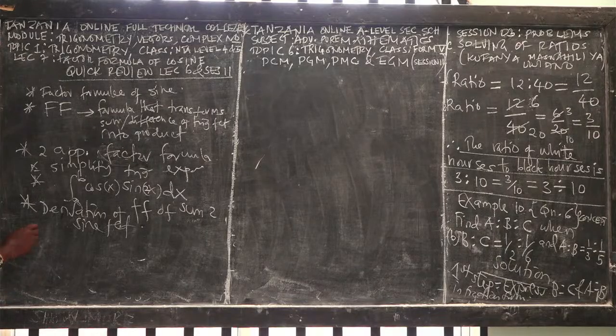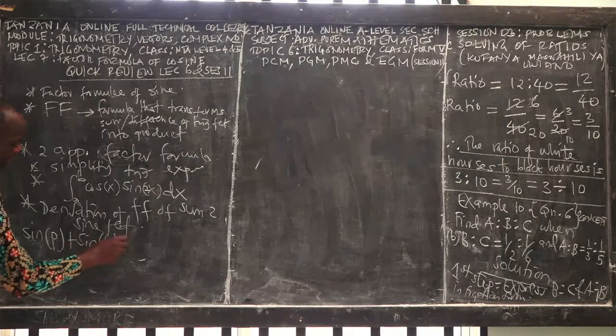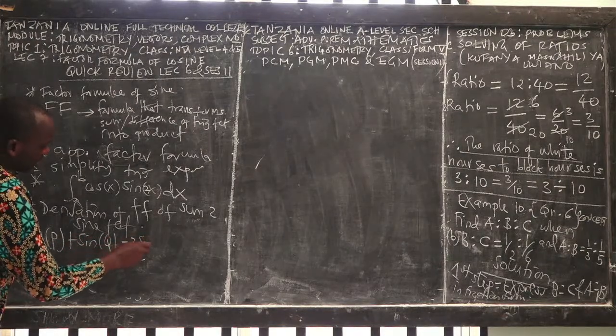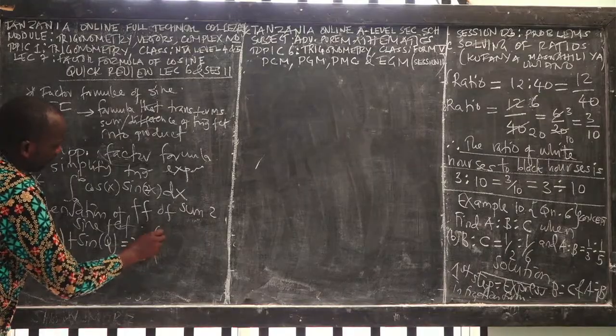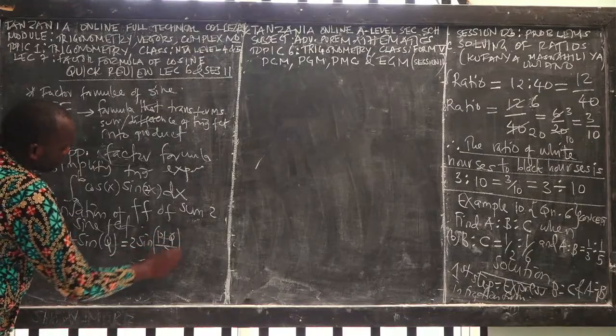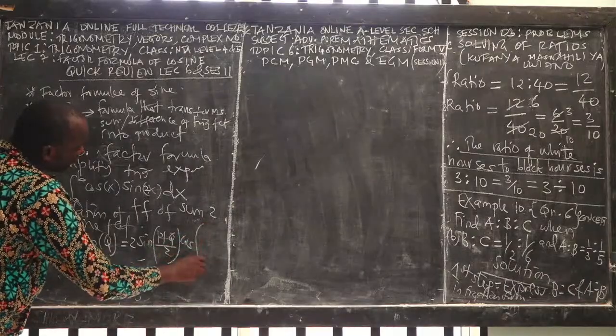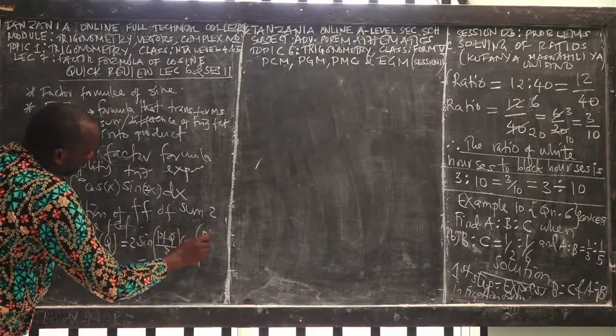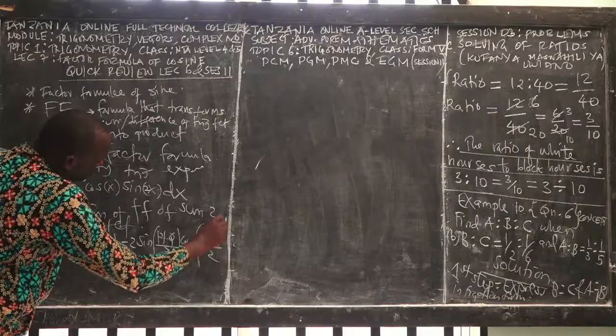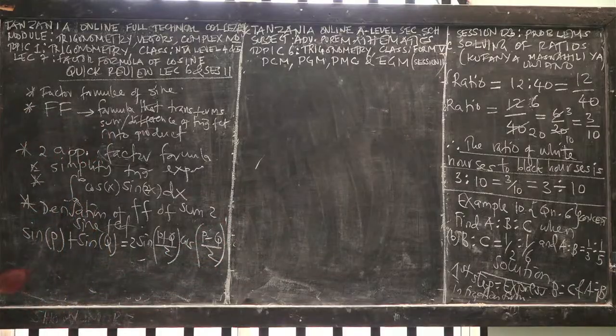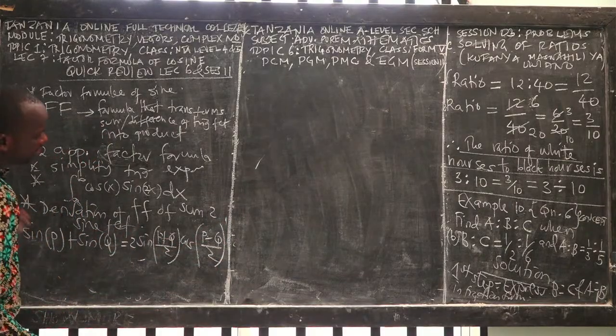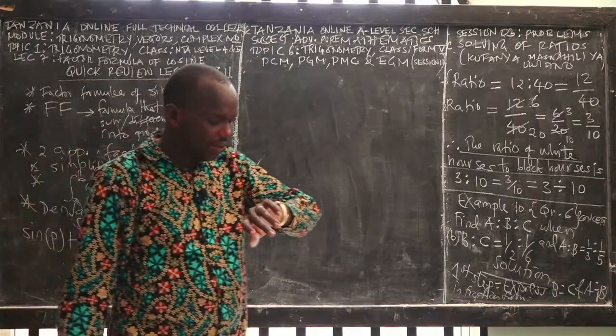Just to remind you, sine p plus sine q is equal to twice sine of (p plus q) over 2 times cos of (p minus q) over 2. For the subtraction, you replace the addition with a subtraction sign.